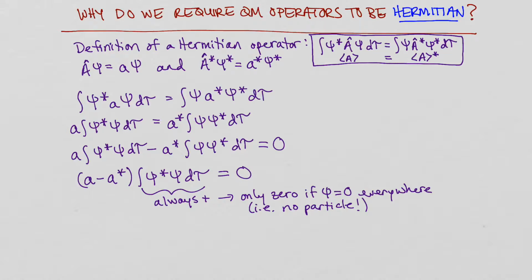So basically what we've just concluded is that A minus A star must equal 0, which means that A is equal to A star, which is only true if A is real.